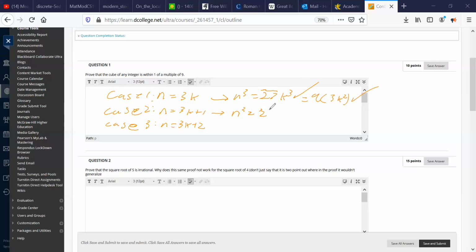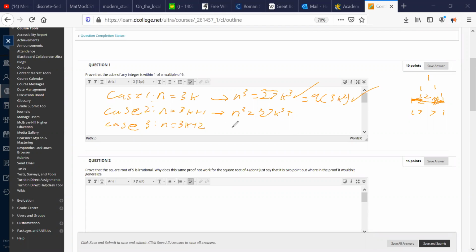We get 27k cubed plus, anyone know this from the binomial expansion? 1, 2, 1, and then we get 1, 3, 3, 1.